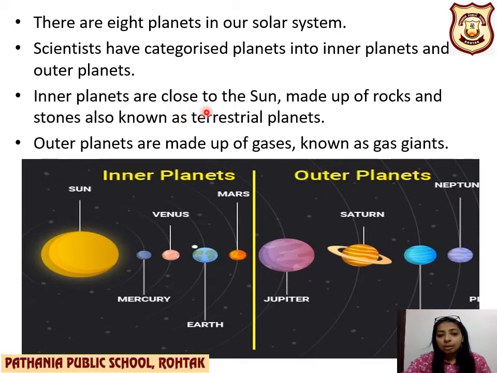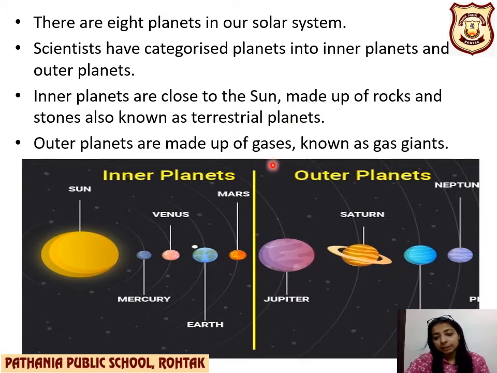Inner planets are close to the sun, made up of rocks, stones, and also known as terrestrial planets. ये जो planets हैं, Mercury, Venus, Earth, and Mars. These planets are made up of rocks and the stones, so these are also known as terrestrial planets.